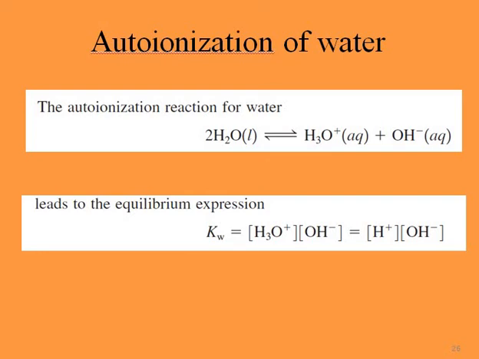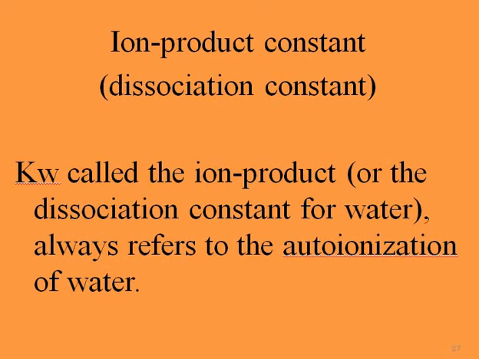So H3O+ times OH-, or we can say hydronium ion concentration and hydroxide ion concentration. So Kw is called the ion product or the dissociation constant for water. It always refers to the auto-ionization of water.